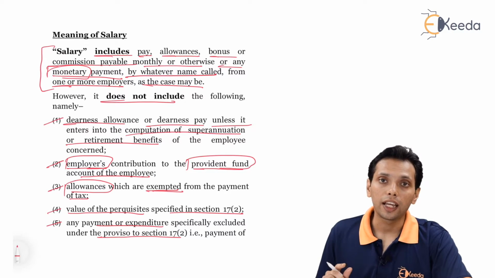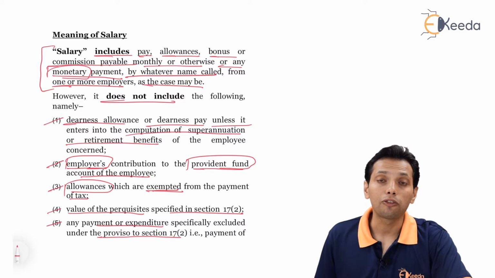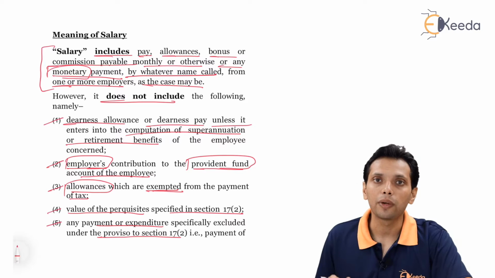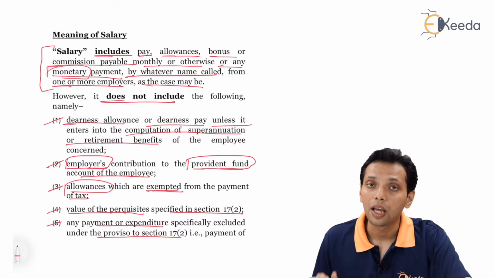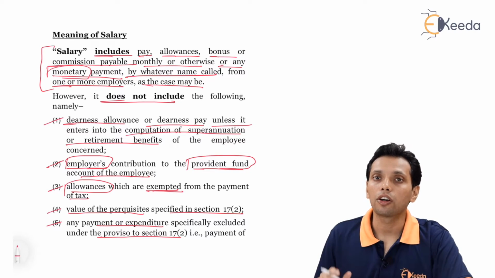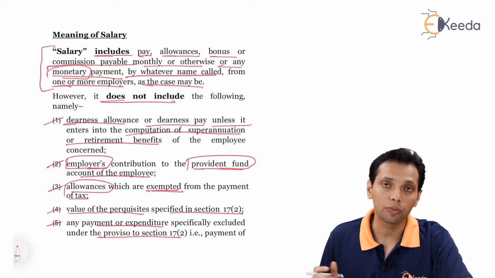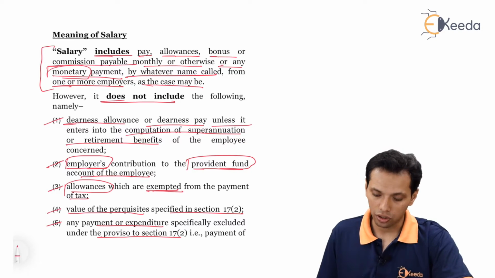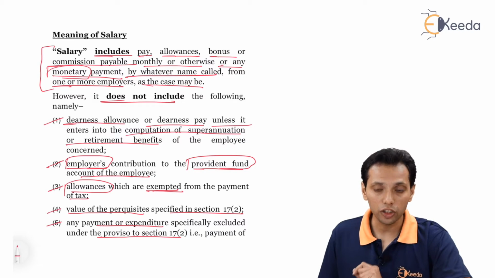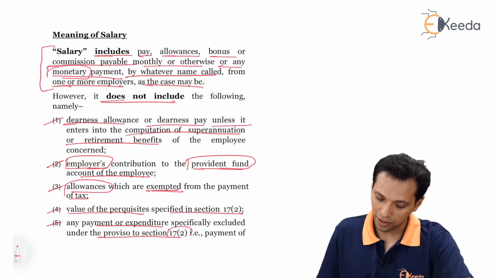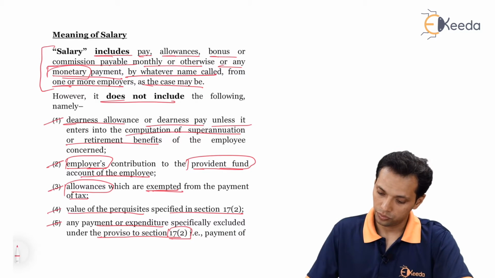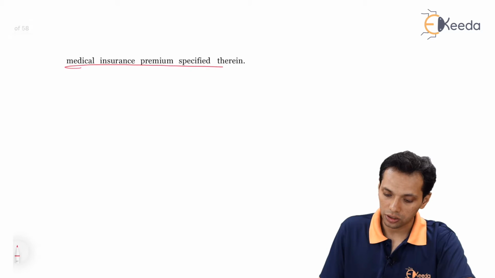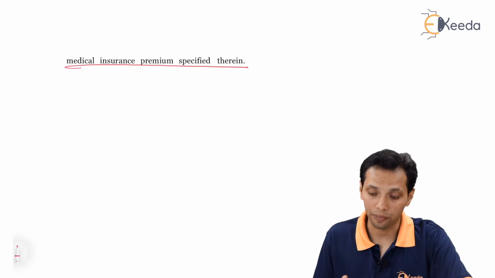That could be the payment of medical expenditure, or payment of telephone bills paid by the employer on behalf of the employee, which could be specifically excluded. That is, payment of medical insurance premium specified therein.